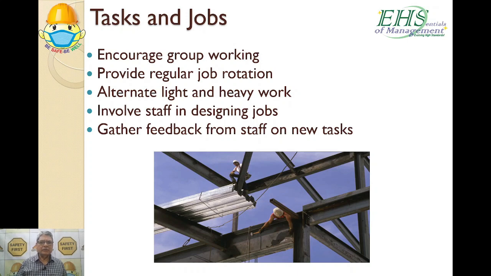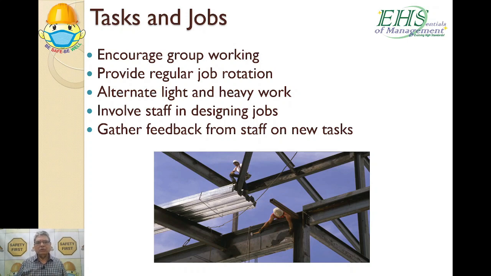Tasks and jobs. Encourage group working. Provide regular job rotation. There should not be a single person working on a particular job if there are certain physical stresses there, if there is repeated bending or repeated twisting, or if the use of the eye is very intense.